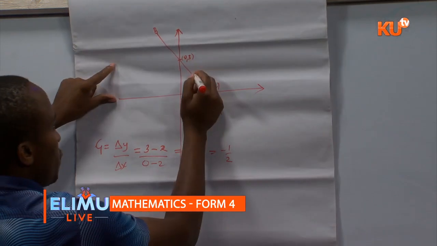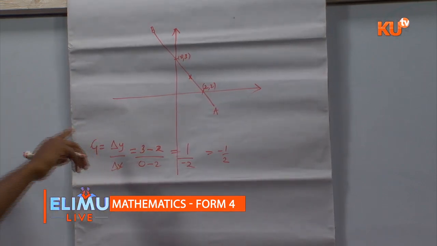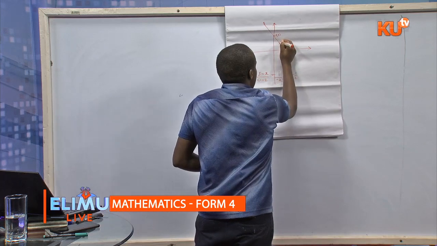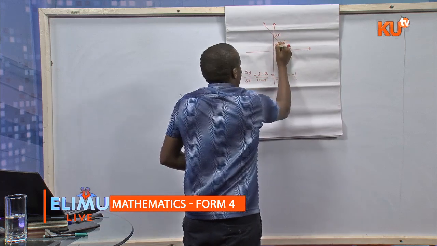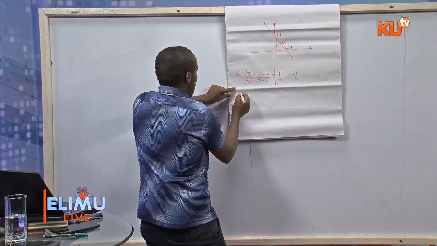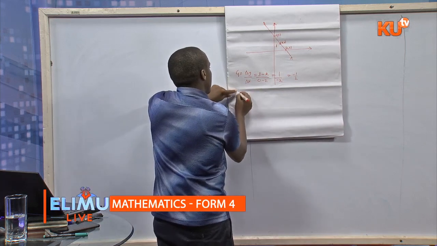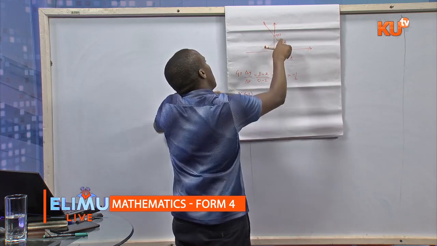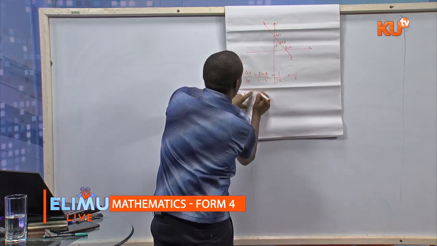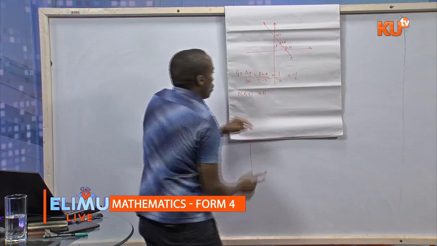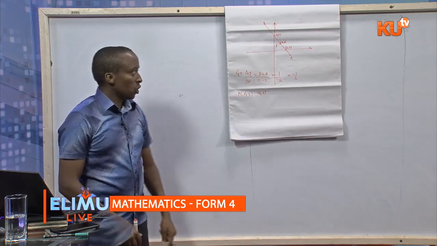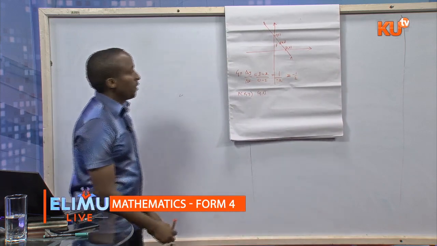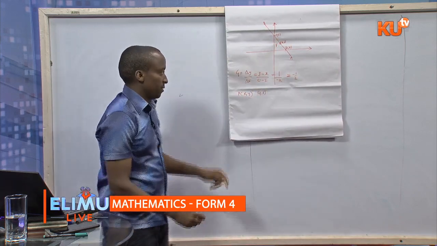So we said to find the equation of a straight line, you just take any unknown point in that Cartesian plane, and you put it to be (x, y), point P. So the equation of a straight line, given point P is (x, y), with any other point which is known, which is (0, 3), we are able to find the equation of this line.